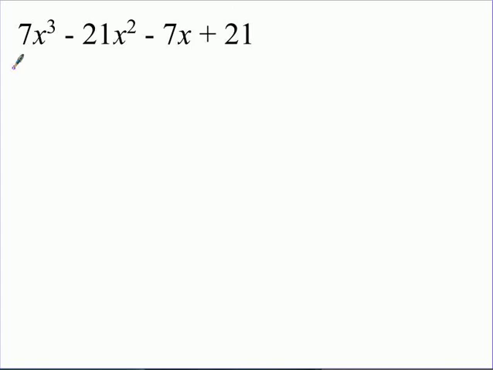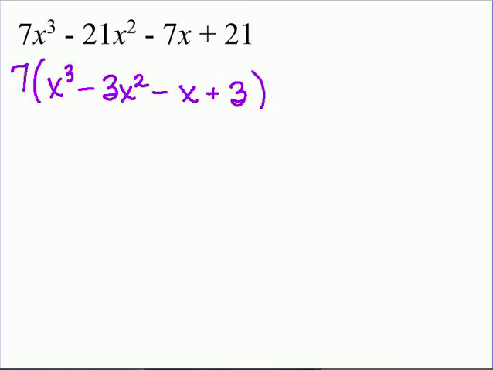If I take a 7 out, what do I get? x cubed minus 3x squared minus x plus 3. Now I've got 4 terms, so do we remember what we do with 4 terms? Pair them up, you make them into couples. So here we go. There's our first couple, there's our second couple.